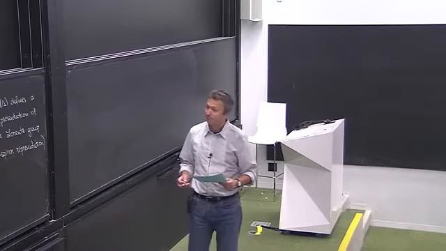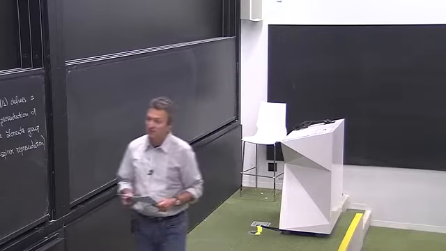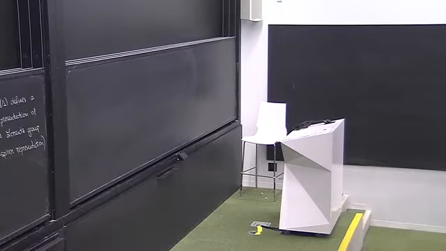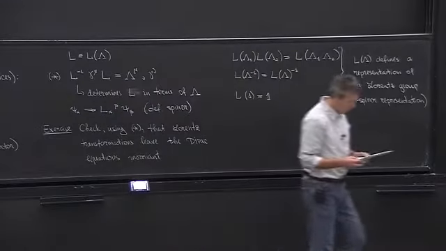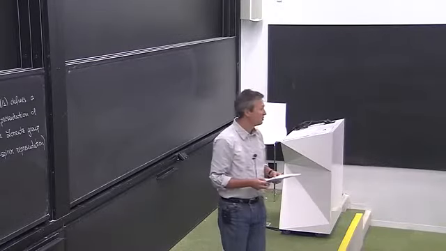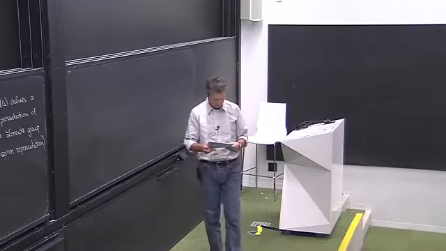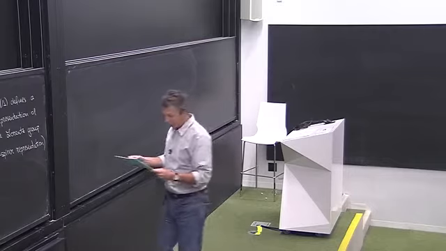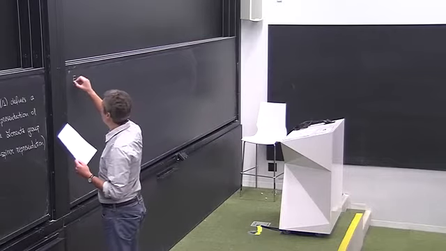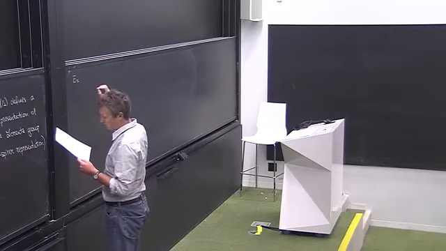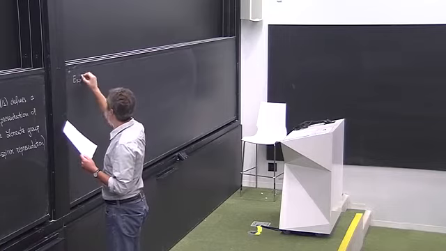Now, we started to explicitly construct what L is in terms of lambda. We will only do this for infinitesimally small Lorentz transformations, where it's easy to write explicit expressions.